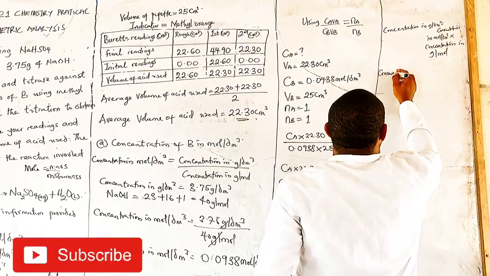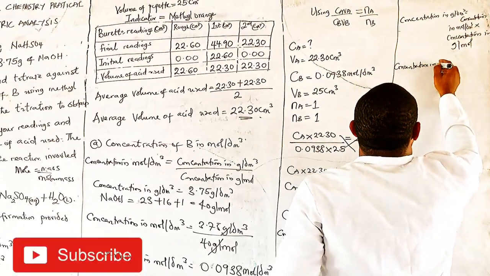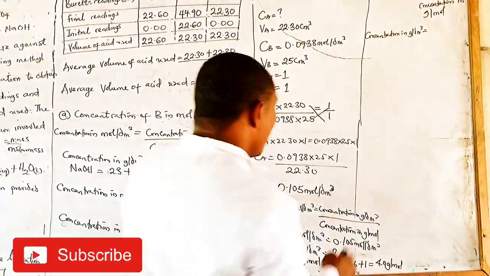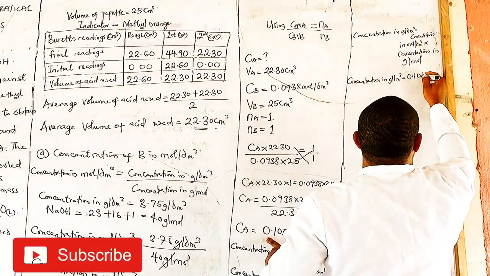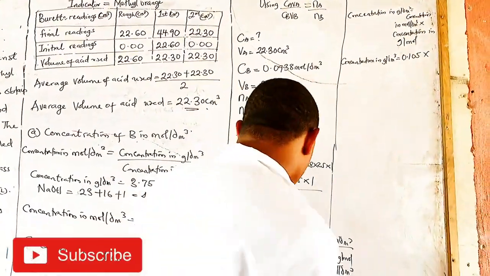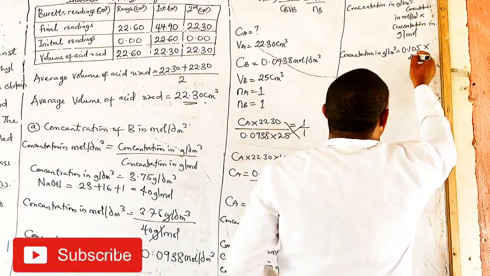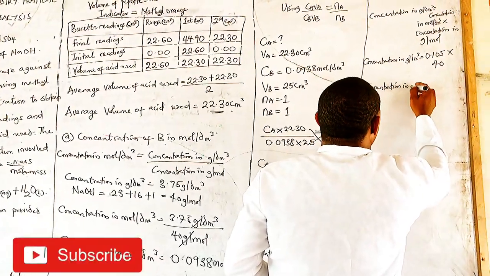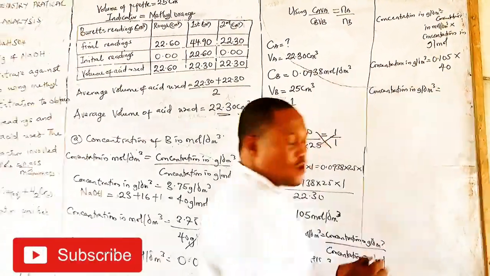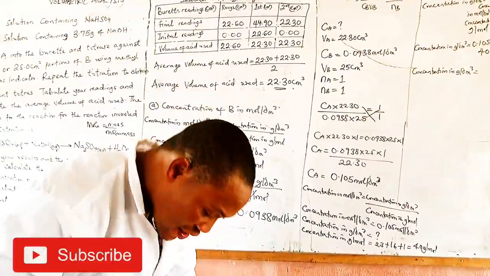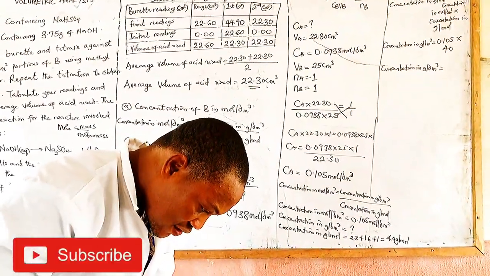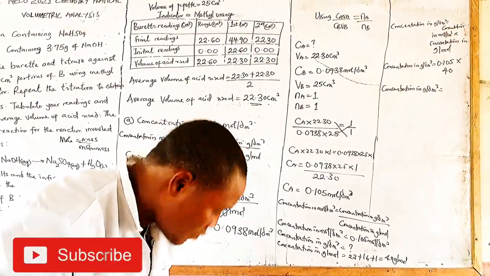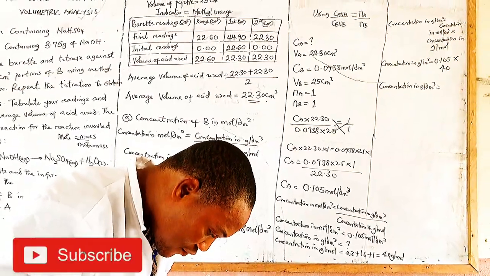So we have concentration now in gram per dm cube will be equal to, what's our concentration in mole per dm cube? That's 0.105 times, what is our concentration in gram per mole? That's 40. So our concentration in gram per dm cube is equal to 0.105 times 40.